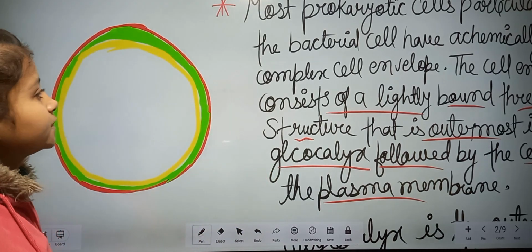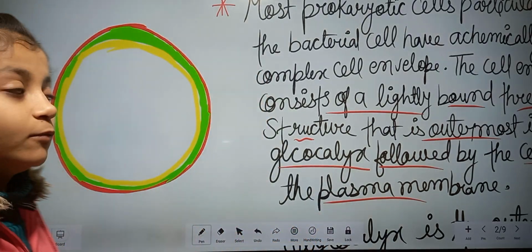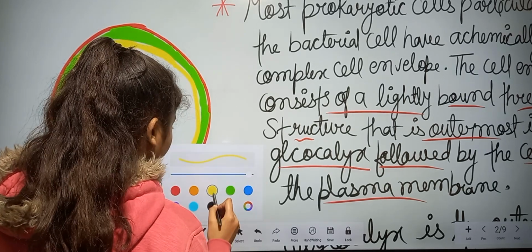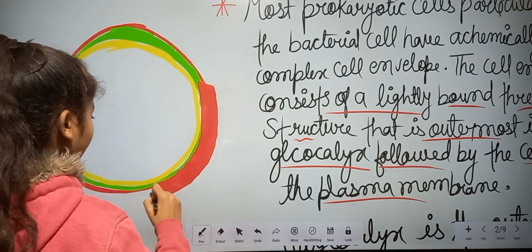This type of cell envelope is present in prokaryotic cells. The outermost layer is glycocalyx.